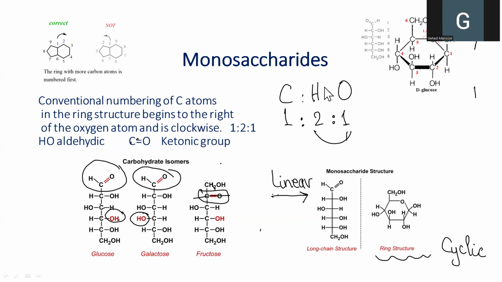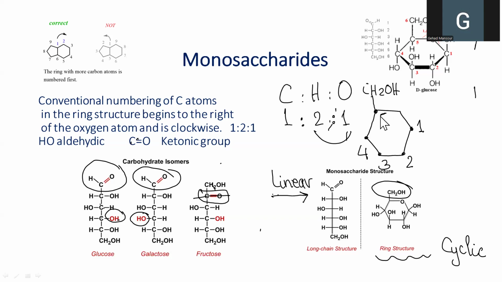And actually, when we draw that hexagonal structure with a CH2OH branch at the end, this is carbon atom number 1, carbon atom number 2, carbon atom number 3, carbon atom number 4, carbon atom number 5, and this is carbon atom number 6. What about this?